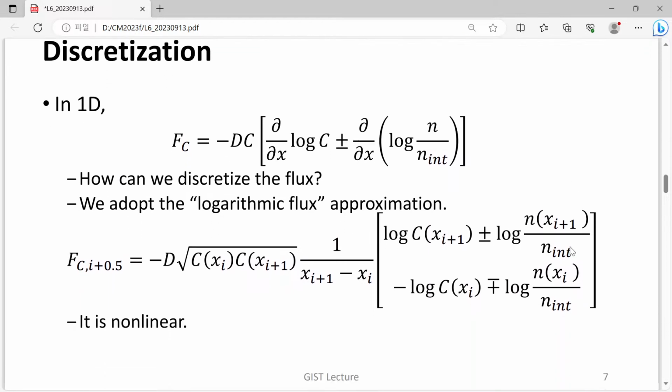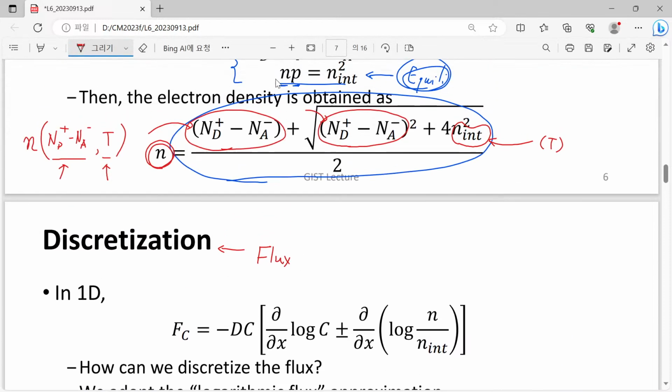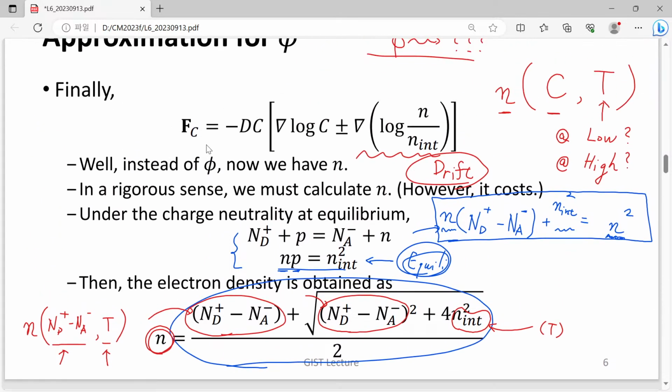Now let's try to discretize our flux term. Here we have the original form written in terms of the gradient of some quantities. This gradient can be applied to 1D, 2D, and 3D cases.